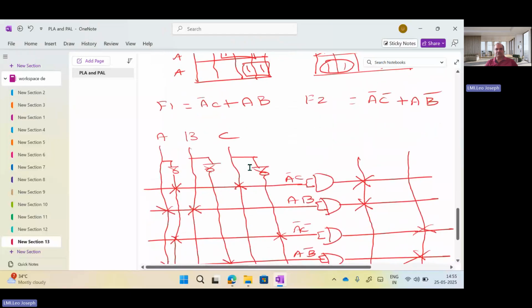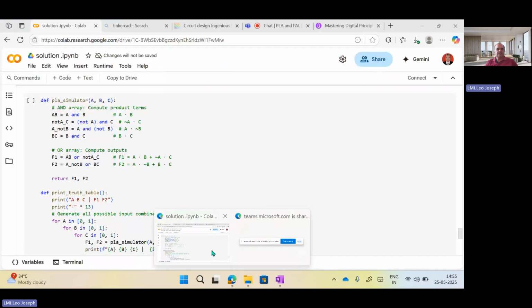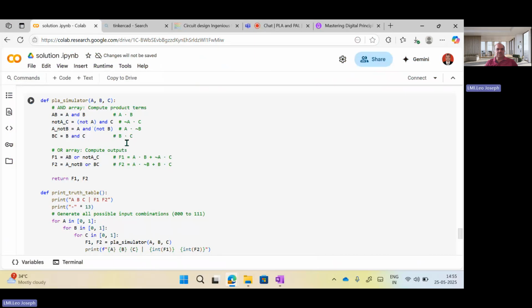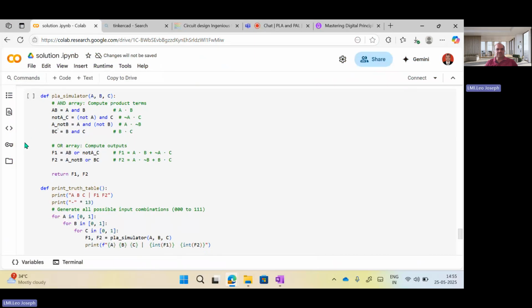Check this. F1 is equal to A bar C plus AB. So check here, A bar. Here first I am writing AB is equal to A and B. A bar C is equal to not of A and C, like that.